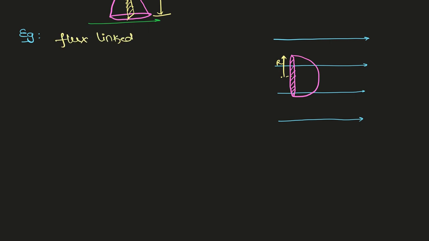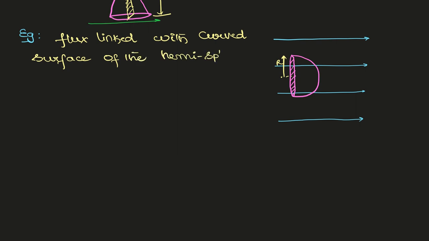If they ask what is the flux linked with the curved surface of the hemisphere, the total flux linked will be 0. That is flux linked with the plane surface plus flux linked with the curved surface, which is equal to 0.